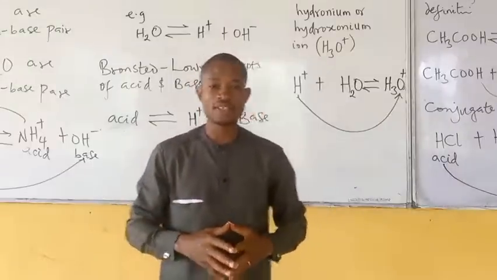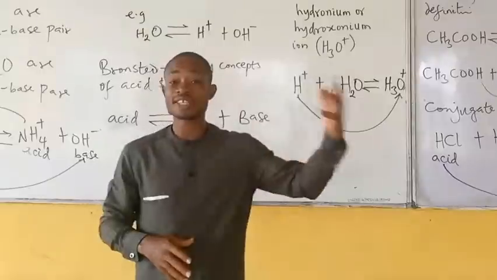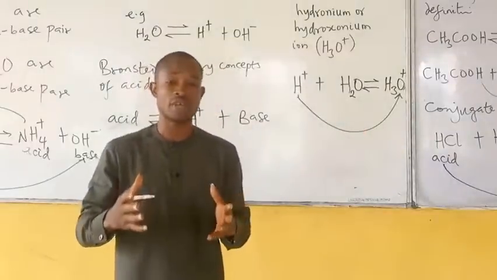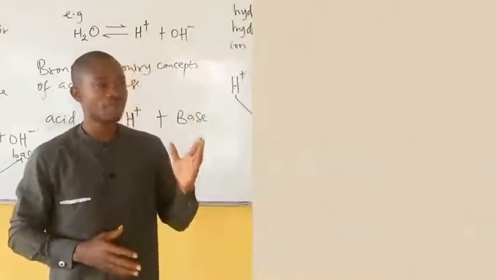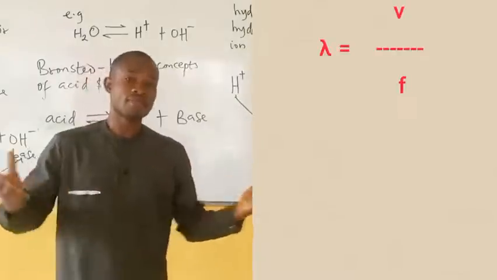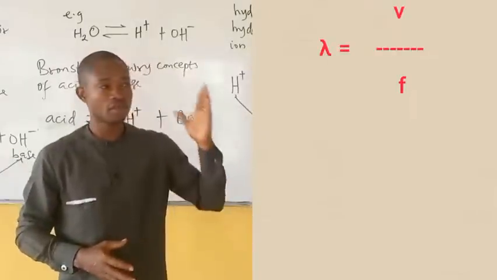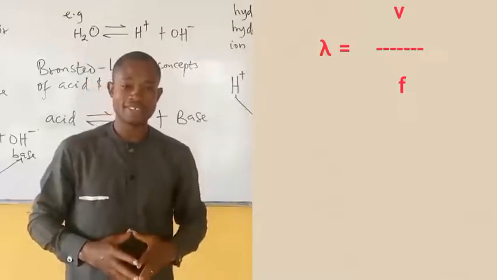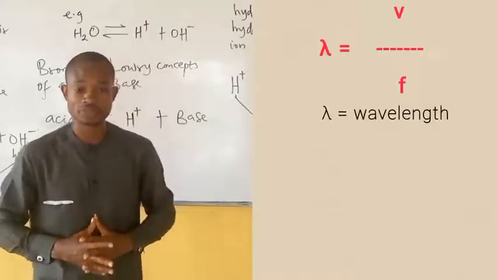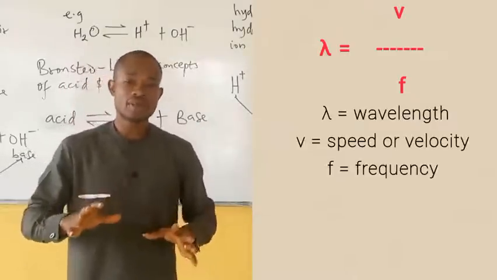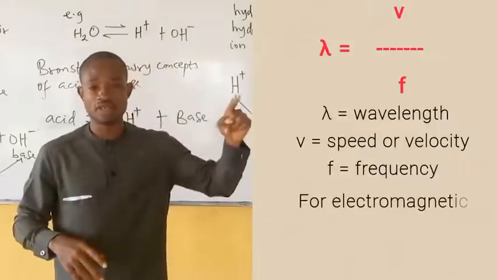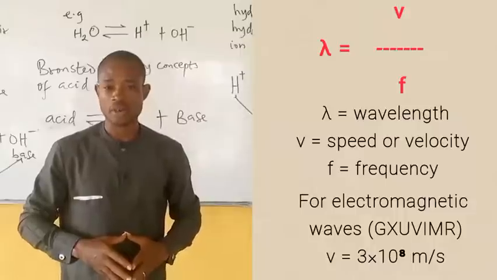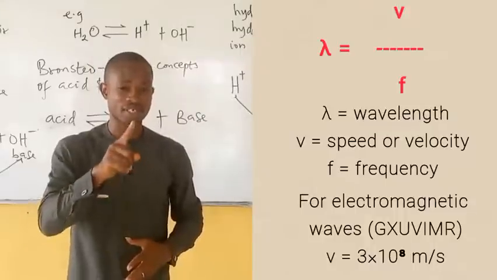And mathematically, the wavelength of a wave is related to the frequency and the speed of the wave, or the velocity of the wave, giving us wavelength, which is lambda, we use lambda to represent it, equal to the velocity v of the wave divided by the frequency of the wave f. Now, when we are talking about the electromagnetic wave, that velocity v is equal to the speed of light, which is 3 times 10 to the power of 8 meters per second. Take note of that.